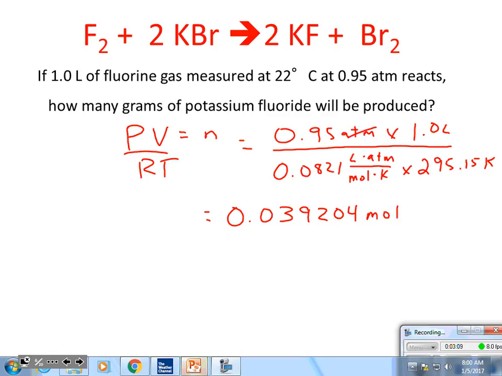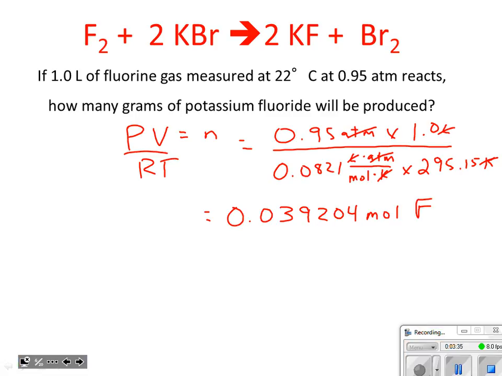Here the atmospheres cancel, here the liters cancel, so I have an inverse, bring it up here. I have moles, but I have moles of what? Fluorine gas, right? So I have moles of fluorine gas.